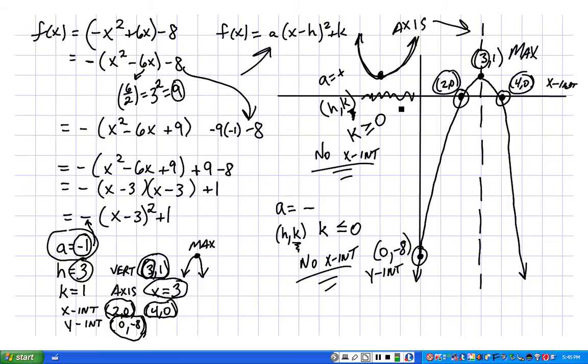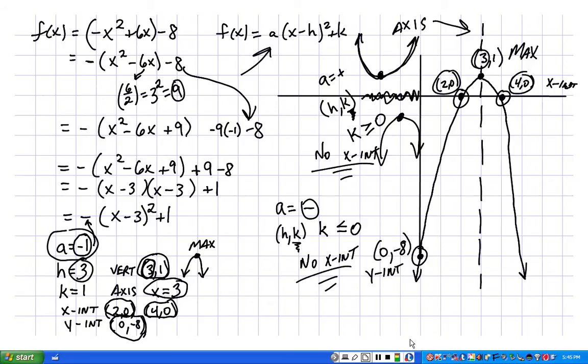That would be like having a vertex right here, and the fact that A is negative says your parabola is going to go down. Because your vertex is below the x-axis, your parabola is going away from it, so it will never cross that line. So just something to keep in mind.